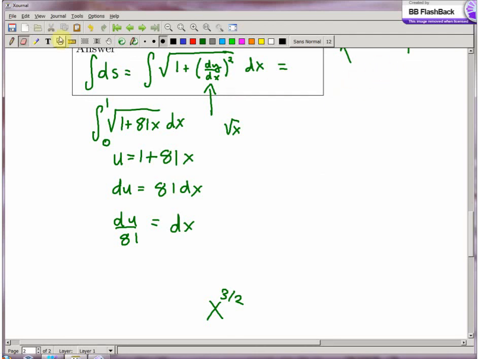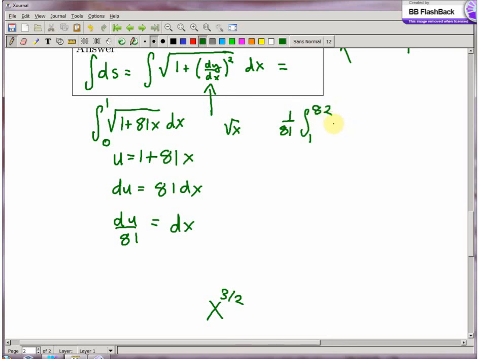Alright, so plug in after the substitution. What have you got? You have 1 over 81. And what's happened to the limits here? Okay, so let's do it that way, fine. So when we plug 0 into this function, what happens? We get 1, right? And what happens to the other limit? Well, we plug 1 in here for x, and then we get 82.